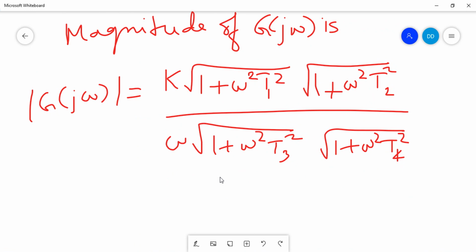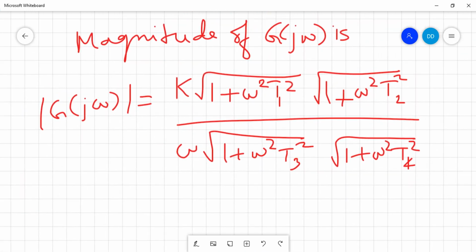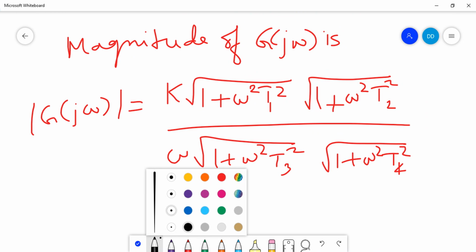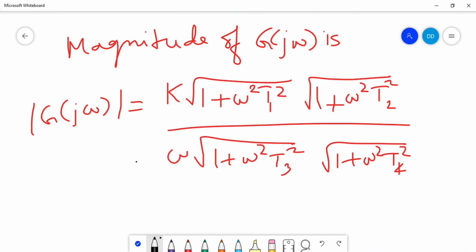So we have here the magnitude, which is separately K into root of 1 plus omega square T1 square, root of 1 plus omega square T2 square, divided by omega into root of 1 plus omega square T3 square, root of 1 plus omega square T4 square, and so on. This particular magnitude is usually taken in decibels.